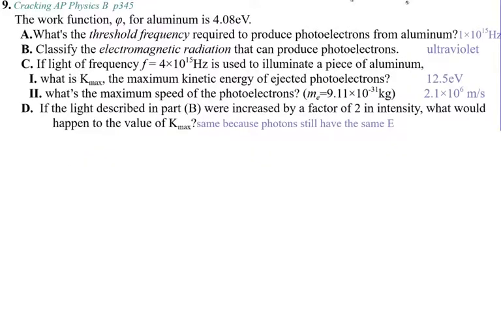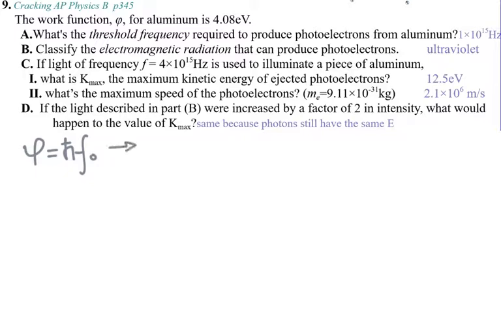So for number 9, they say the work function phi of aluminum is 4.08 electron volts. What's the threshold frequency required to produce photoelectrons from aluminum? So I know that the work function is equal to the Planck's constant times the threshold frequency, or the cutoff frequency.